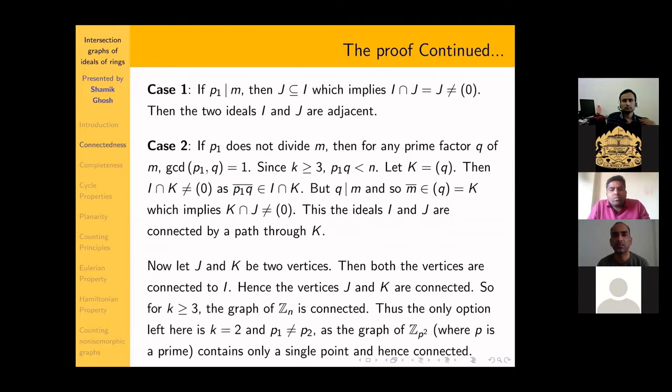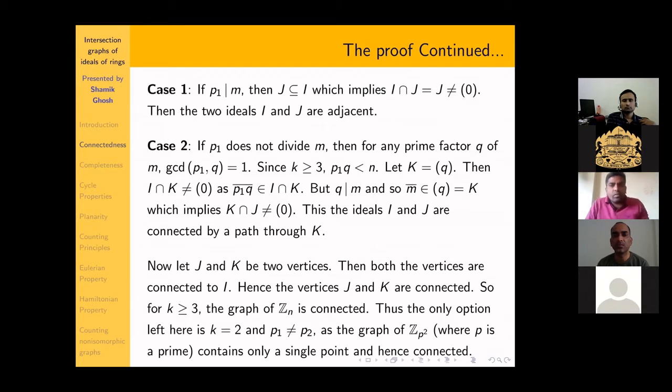Their intersection is non-zero because it is generated by P1Q, and P1Q is not equal to N, so it is not 0. So I is adjacent to K.